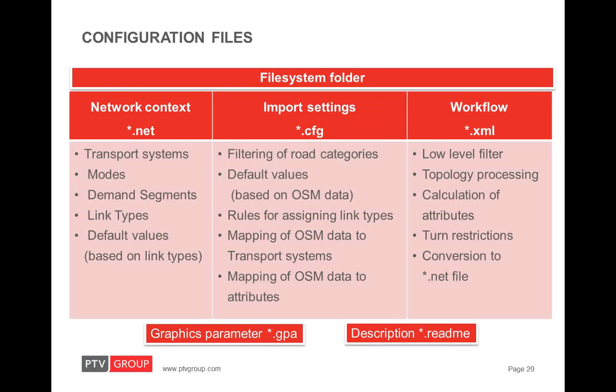So you can define the default fields, link types, and all other things. And this may be required if you import OpenStreetMap data, because the coding of the OpenStreetMap data can be a bit different for different cities. And so that's why it might be required to go into these details during the import process, or you might need some post-processing after you have imported the data into Visum.